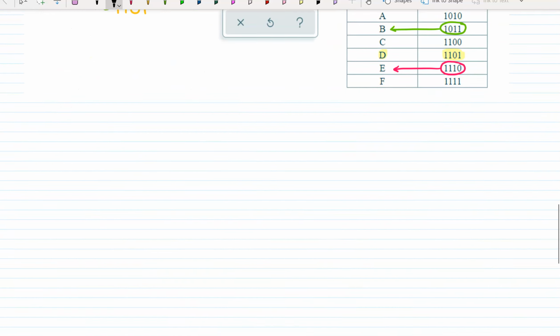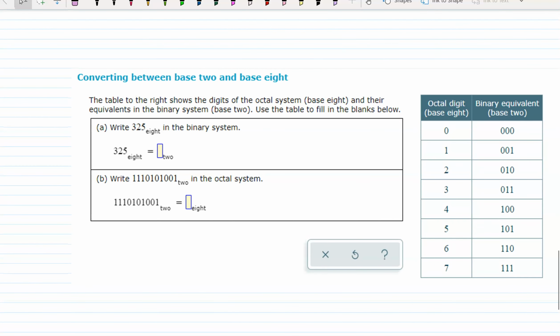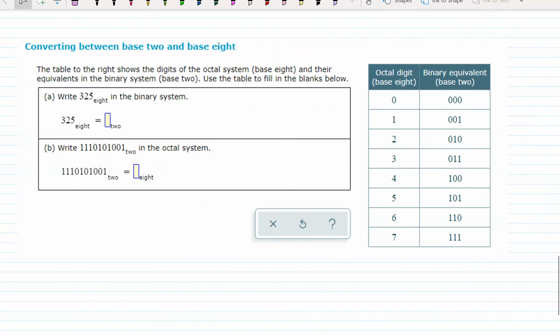Okay, let's try another one. So here, I want to convert between base 2 and base 8. And again, this trick only works because 8 is 2 cubed. So we are converting to and from base 2, which means that in base 8, we'll need 3 digits of base 2 to equal 1 base 8, because 8 is 2 cubed.